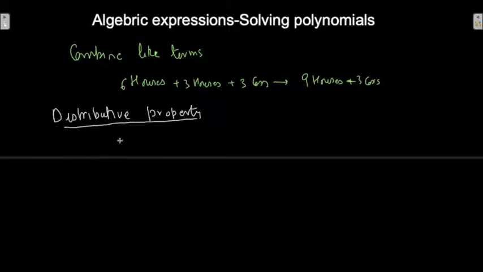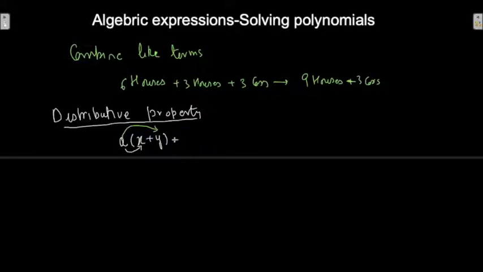Now what this says is that if a term A gets multiplied by x plus y, then A gets multiplied by x and also by y.